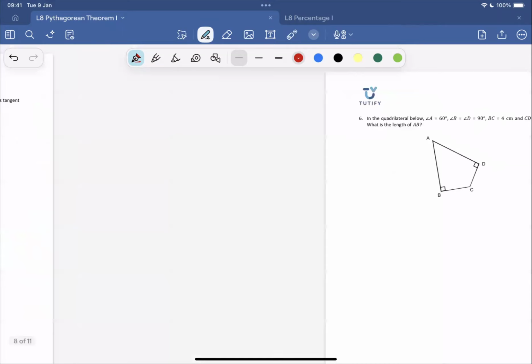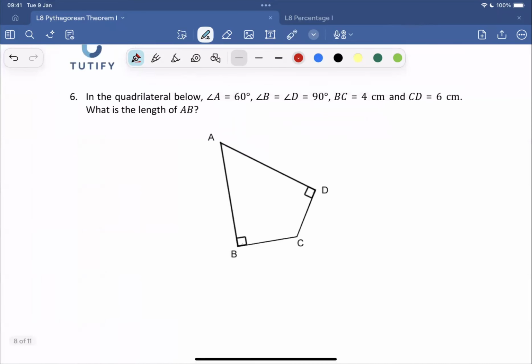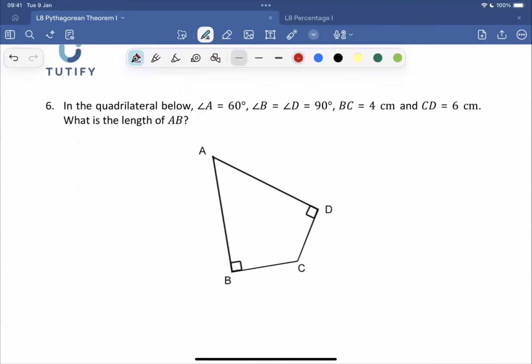All right, now let's take a look at question number 6. This is a tricky one. Why do I say this is tricky? Because they gave you some information. This is 60 degrees.